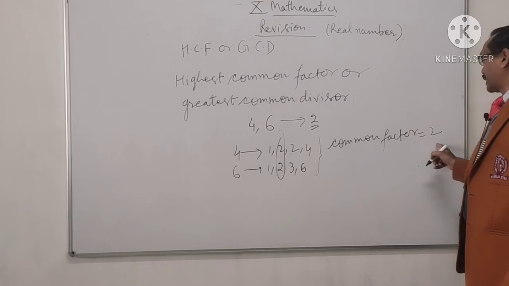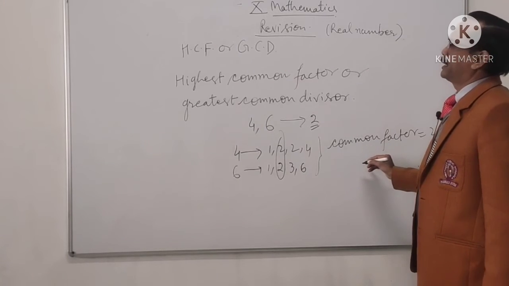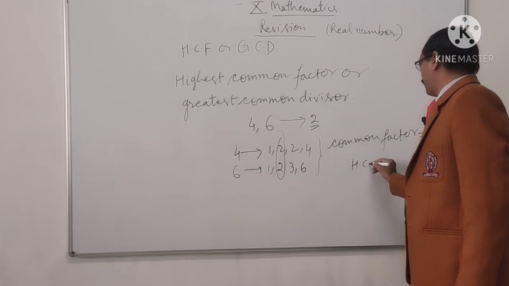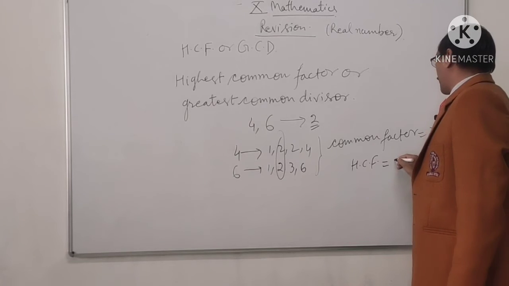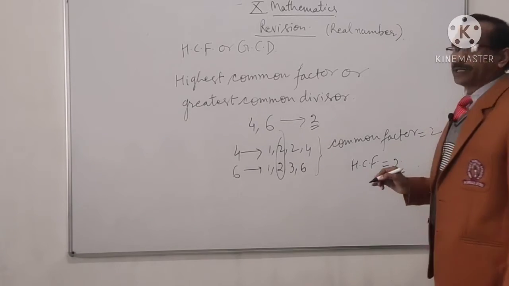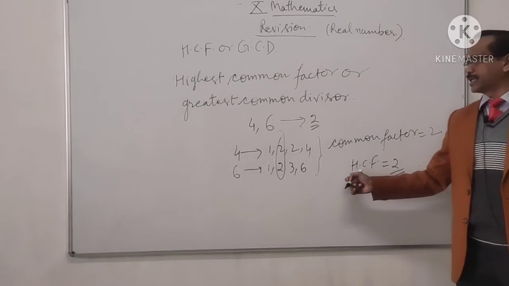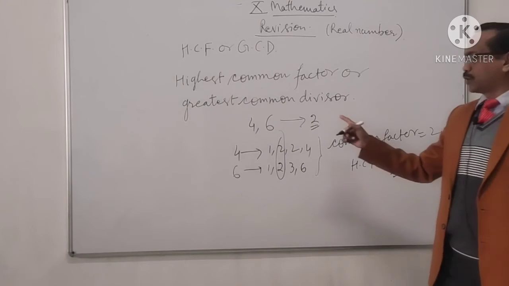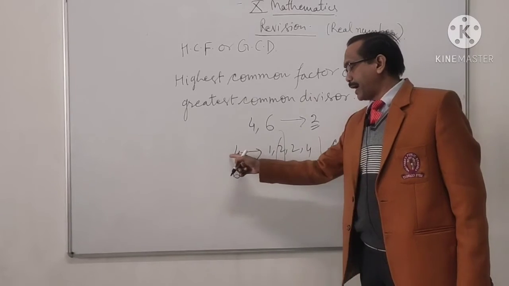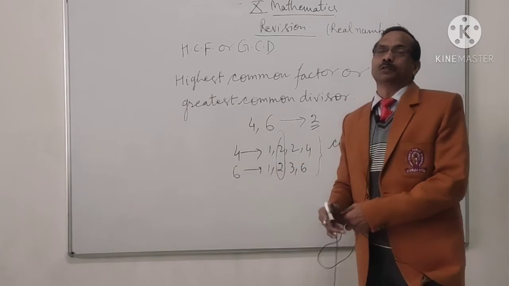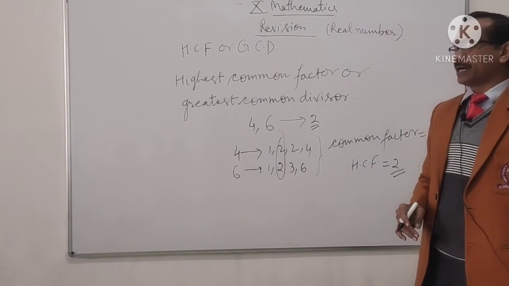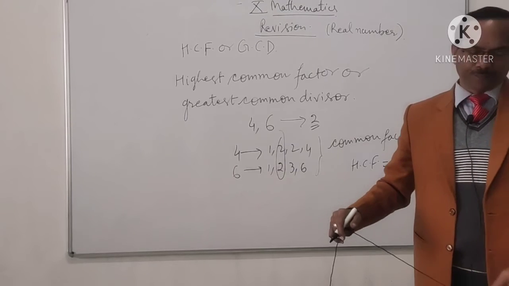So it is the greatest common factor, and the HCF of these two numbers is 2. It is the highest common factor, or the greatest common divisor. 2 is the only number which divides both the numbers.